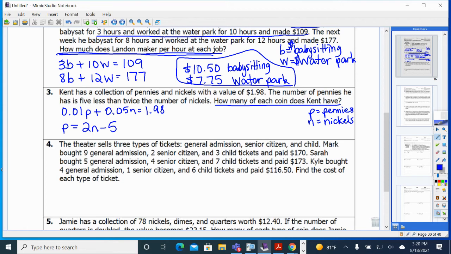So what I need to do with this P equals 2n minus 5 is subtract this 2n and bring it to the other side. So P minus 2n equals negative 5. So now I can use those 2 equations to solve this using polysimult.